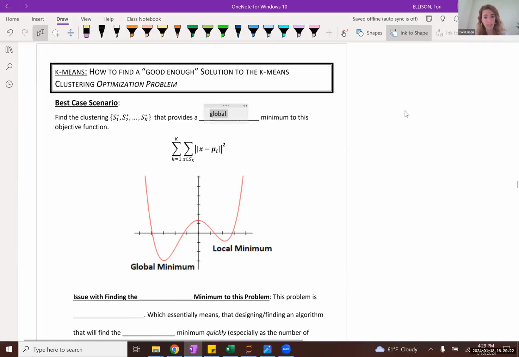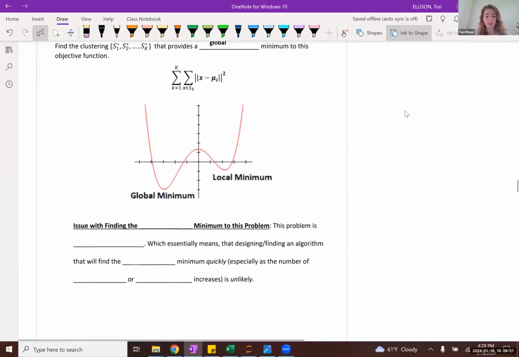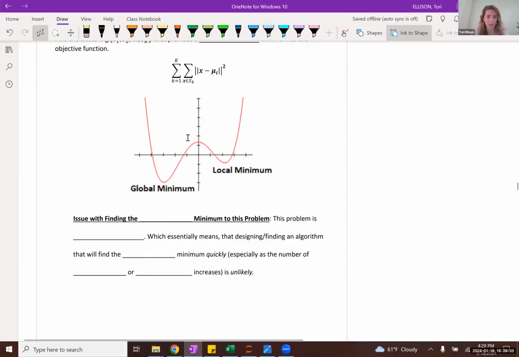In other words, it's the absolute lowest possible inertia that you could get. Now, unfortunately, finding the global minimum to the k-means clustering optimization problem belongs to a class of optimization problems called NP-hard.